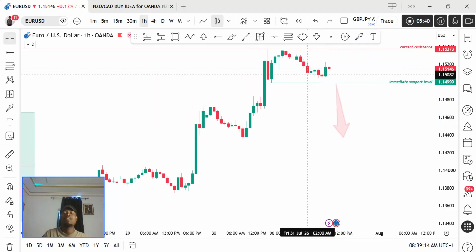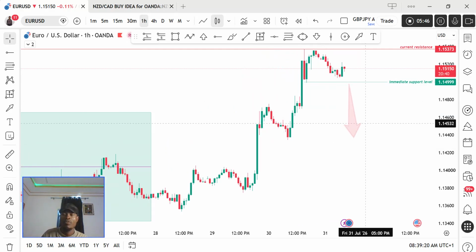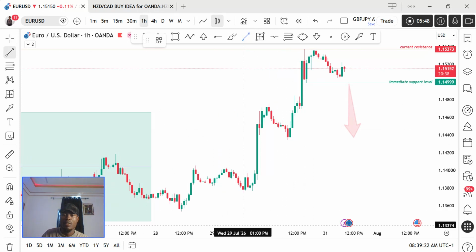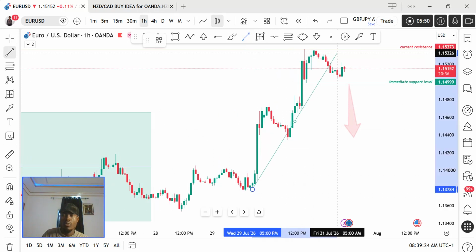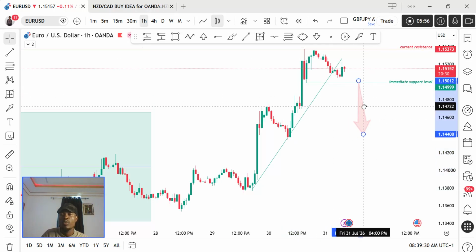If that price is accepted, then we are going to see a further decline in this pair. But for now, we are still seeing a strong bullish momentum in this market. So if the immediate support is broken, then we will position ourselves for a sell opportunity.